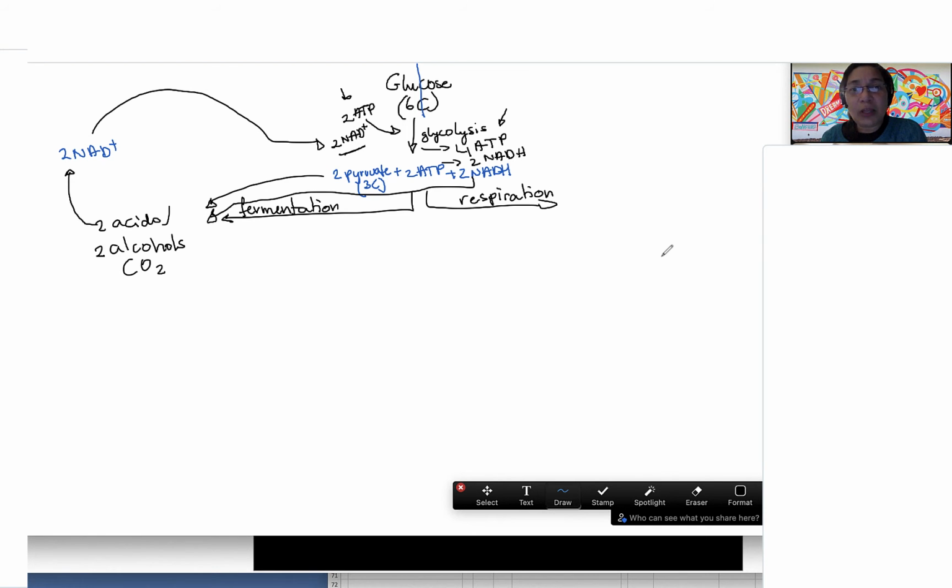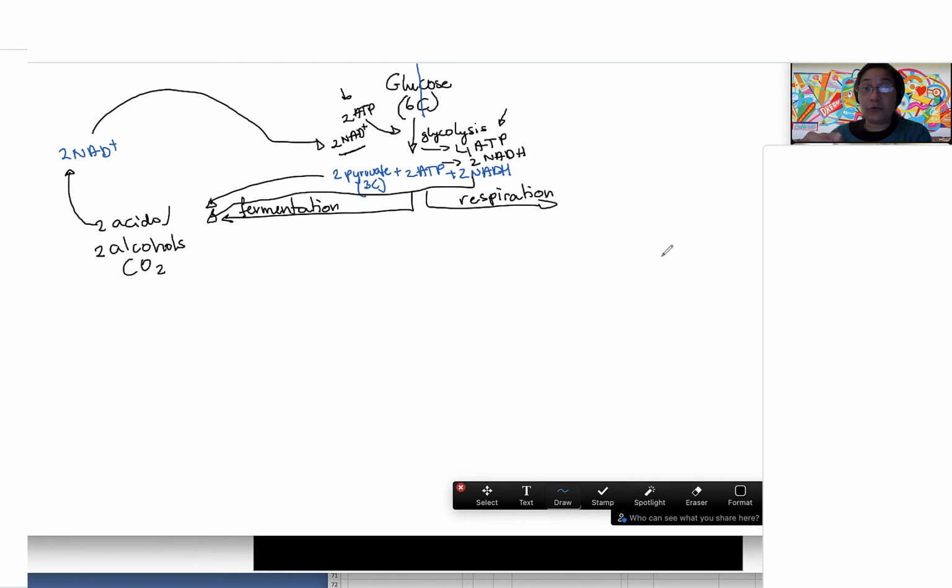I guess I'm not a fan of how you phrased it. So the breakdown of one glucose molecule yields 2 molecules of pyruvate, 2 molecules of ATP, and 2 molecules of NADH.